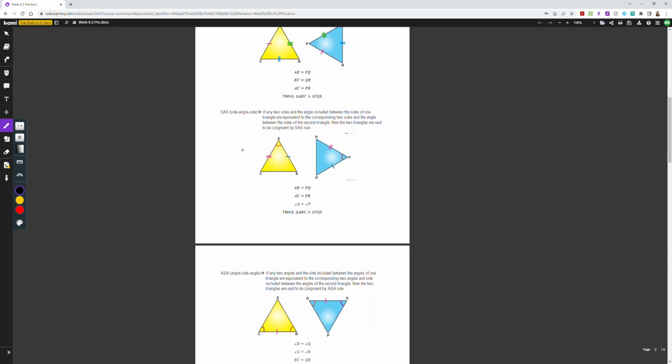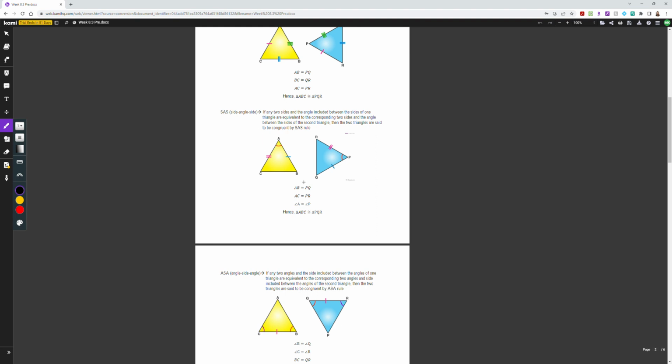SAS is side, angle, side. This states that if any two sides and the angle included between the sides of one triangle are equivalent to the corresponding two sides and the angle between the sides of the second triangle, then the two triangles are congruent by the SAS rule.